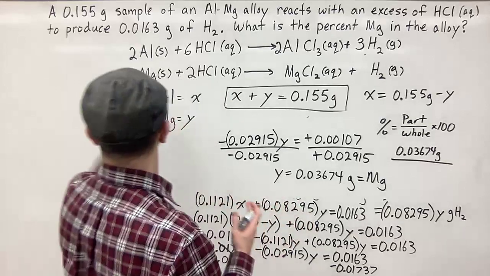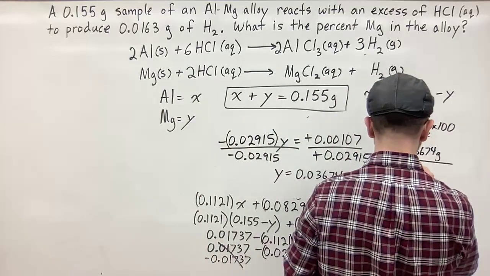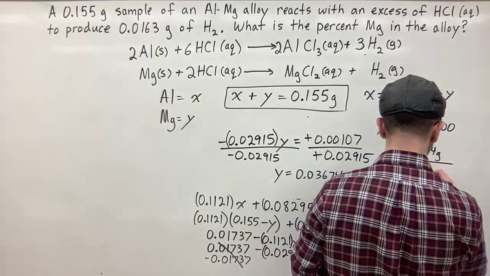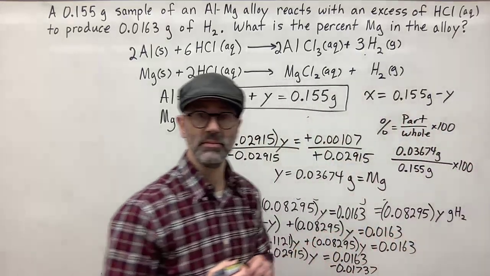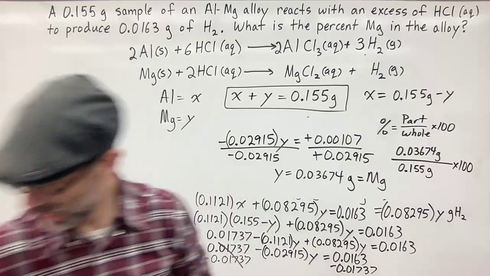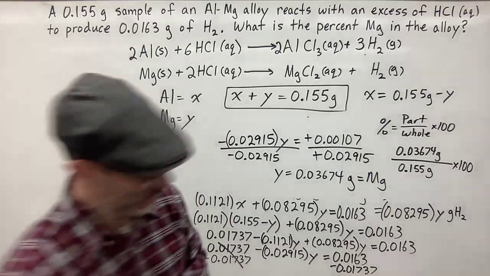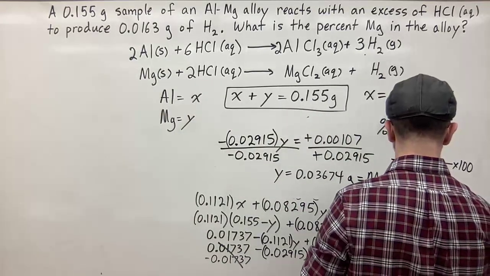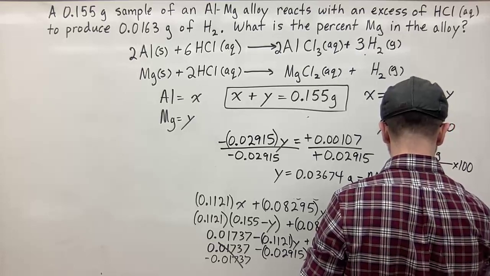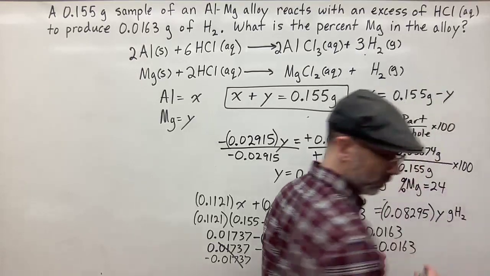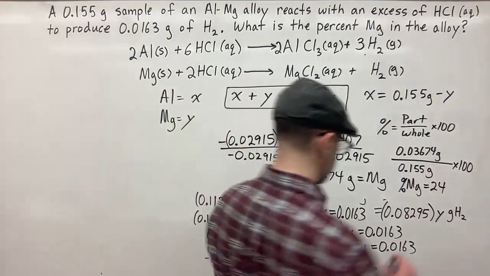What's my whole? 0.155 grams. And then I'm going to multiply that by 100. And when I do that, I get 24.492. So the percent magnesium is 24.492.